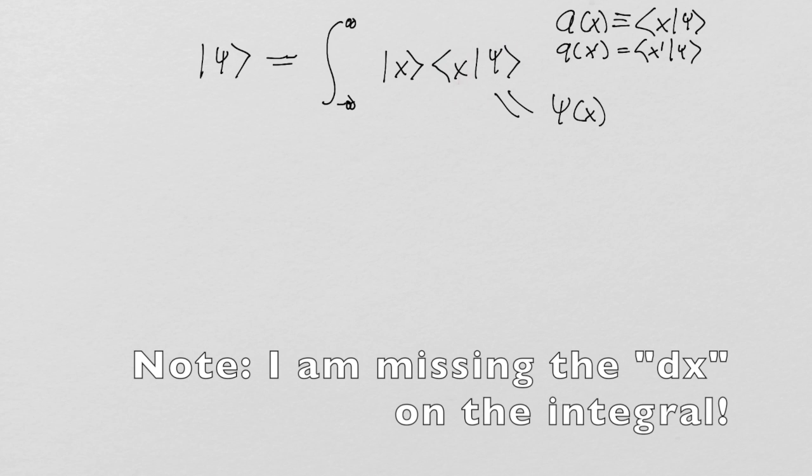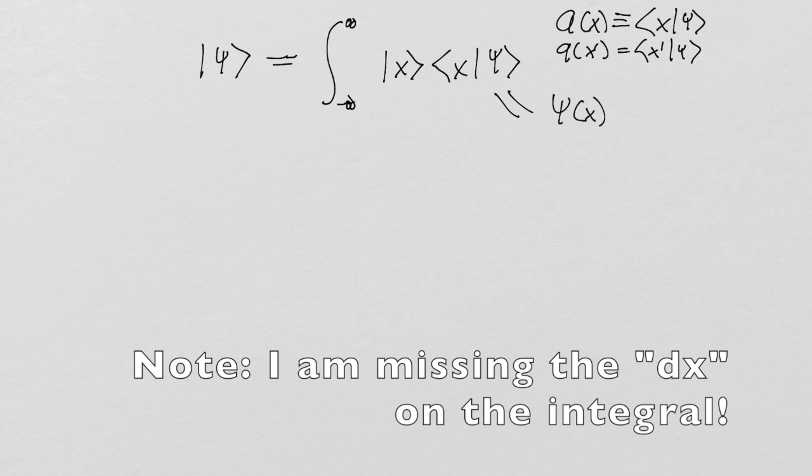It gives you a complex number depending on what x you put in there. You change your x, you get a different complex number. Well, it's a function. It's a complex function of a real variable. That's what the wave function is. And so we replaced it with psi of x.